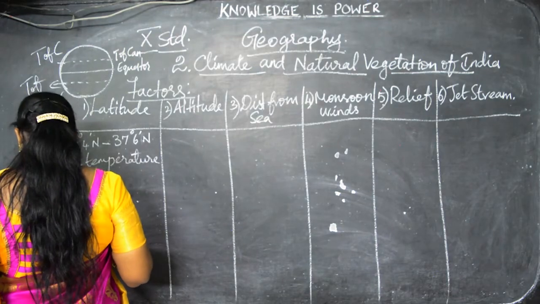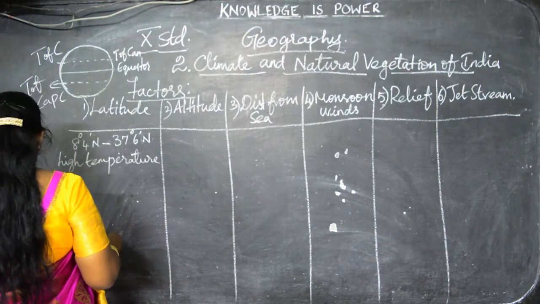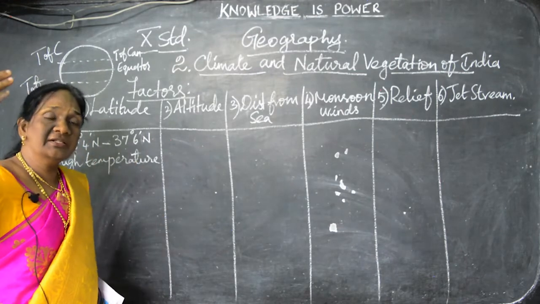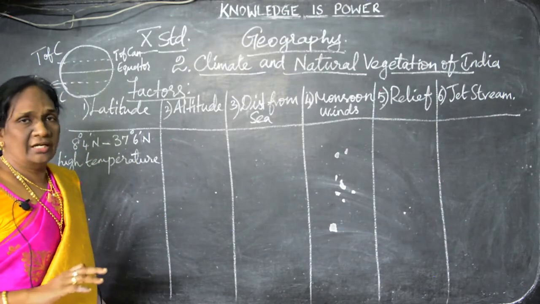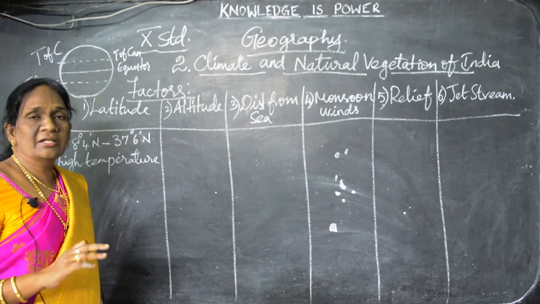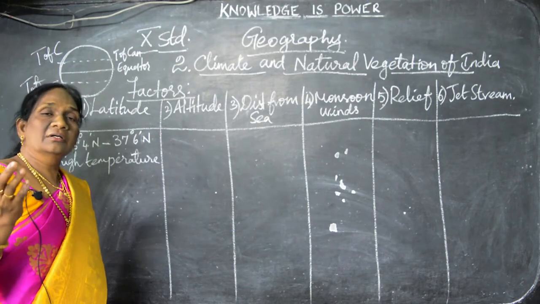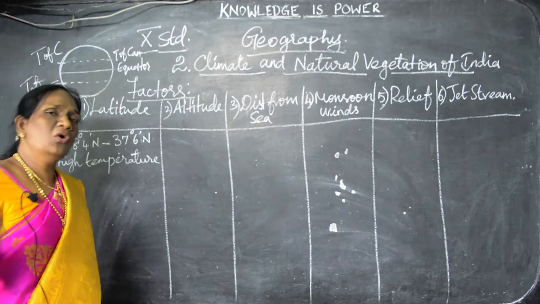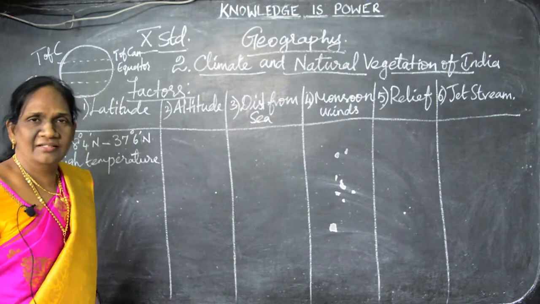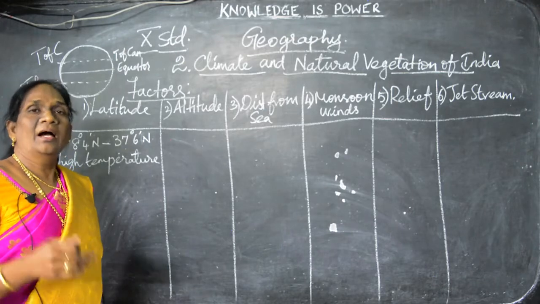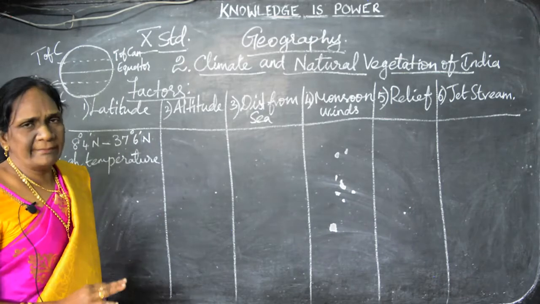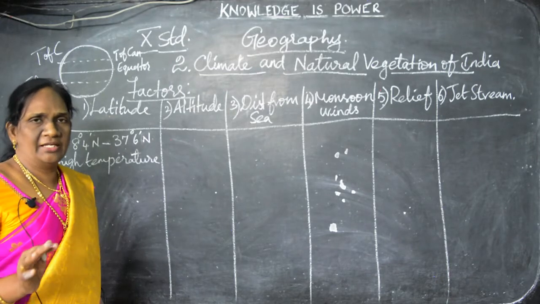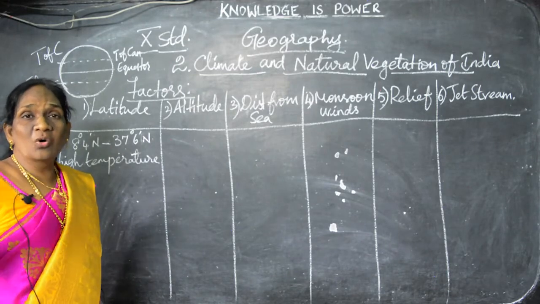And what we can see throughout the cold season is that the climatic condition of North India differs from South India. Understand? In North India, the summer is so hot and the winter is so cold, for example Delhi. And in South India, summer and winter are both somewhat equal, because of the coastal areas.